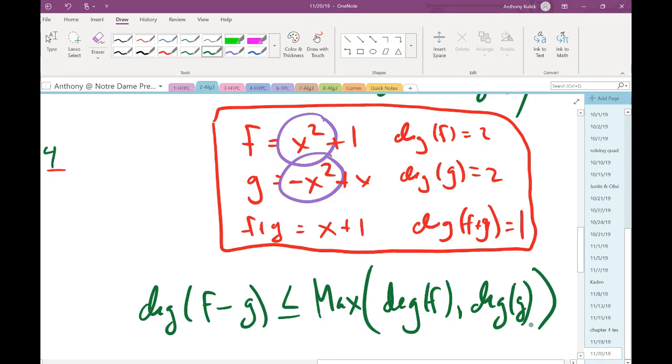Do you suppose you get the less than more often or less often when you subtract? Probably more often, because if you're subtracting, you have better odds of the leading terms canceling out.